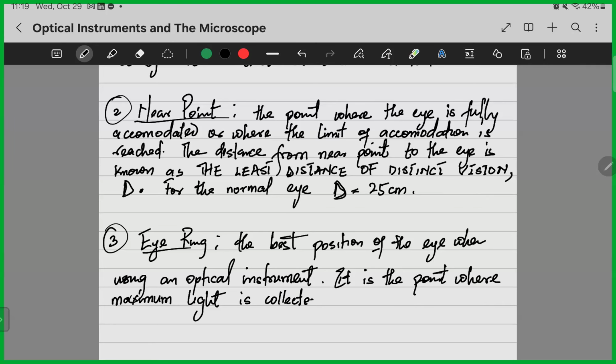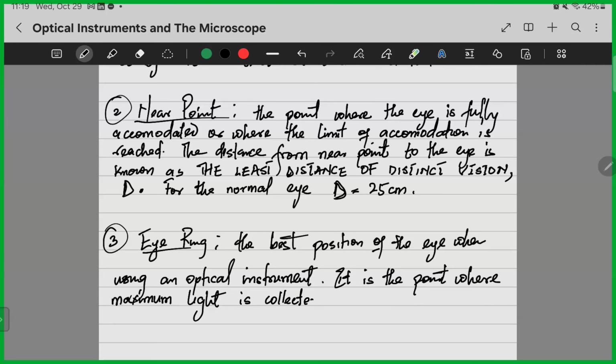Let's make another point by saying that power, listen attentively and take notes. Please, no jokes. Power and focal length are positive for convex or converging lenses, and negative for concave or diverging lenses.